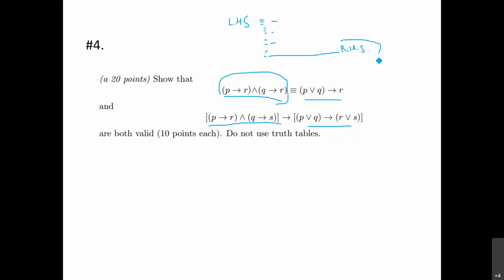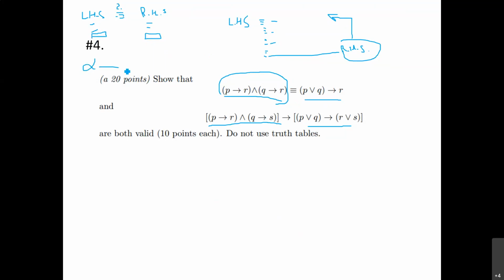Or vice versa, right-hand side, you reach the left-hand side, or move with both of them at the same time. So left-hand side, right-hand side. You say equivalent with a question mark, like you're asking, are they equivalent? And eventually you reach a common place in which they are.